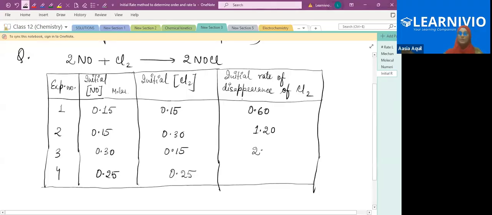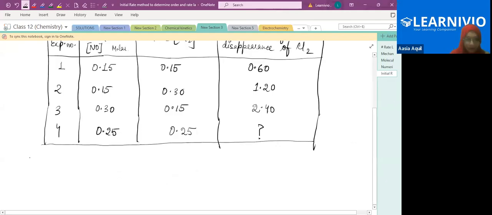The initial rate of disappearance in the third experiment is 2.40, and the fourth is unknown. It is not given in the question; in the fourth experiment, the initial rate of disappearance of Cl2 is not given. Now let's see the question.